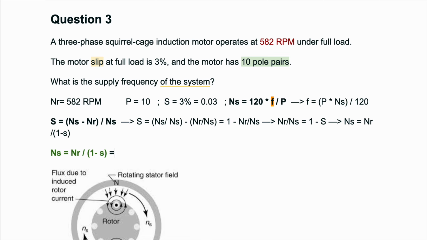We get NS equal to NR, which is 582, divided by 1 minus 0.03, and that is equal to 582 divided by 0.97, which is 600.